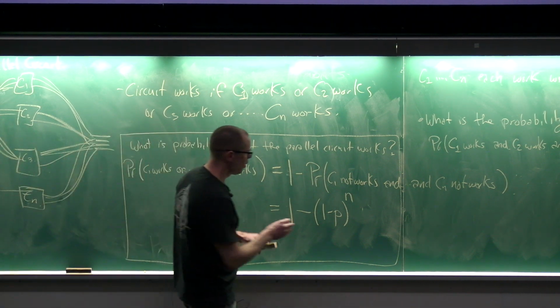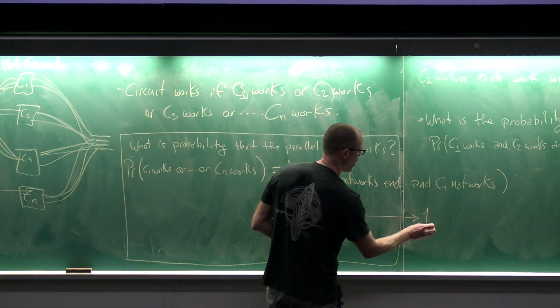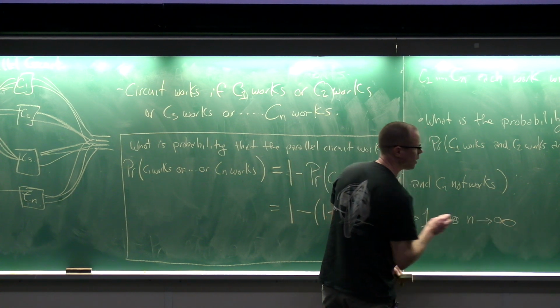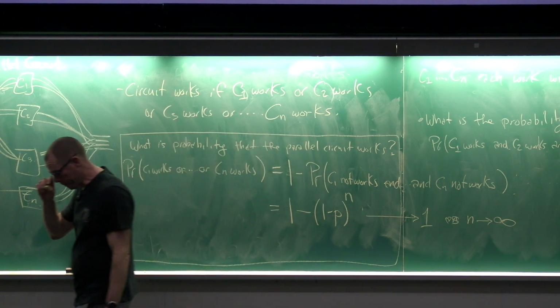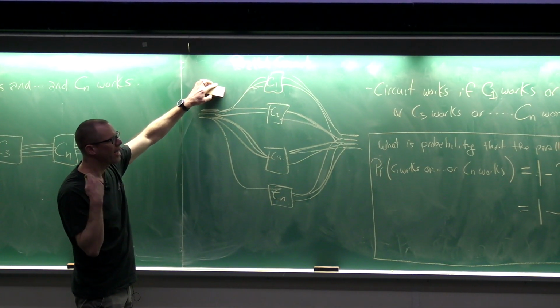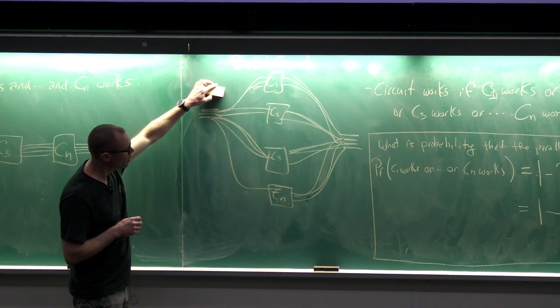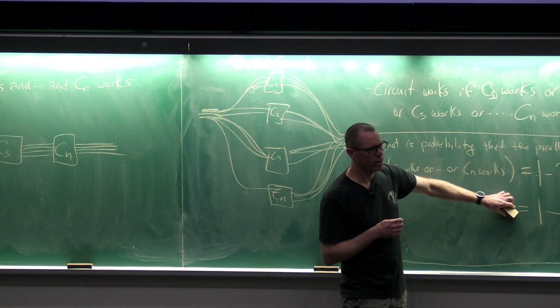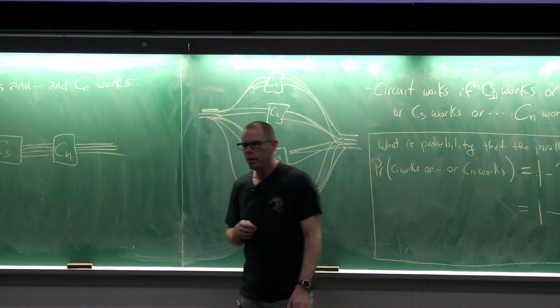And that thing we saw is heading towards 1 as n gets big. And so you see why this is the way people like to manufacture things, because the probability that you get something that works at least a little bit in this multi-core thing is tending to 1 the more of these things you add.